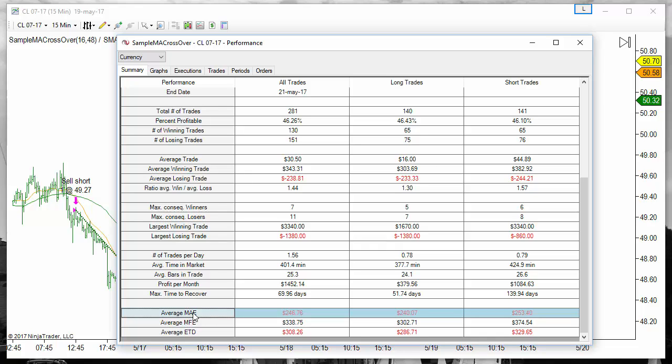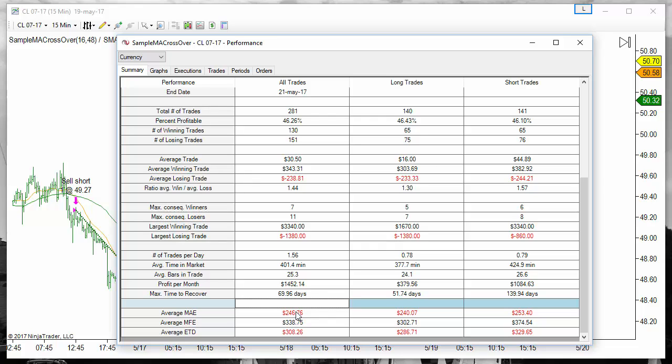The maximum adverse excursion is also very important, even in this example where we are not using target and stop, because on the maximum adverse excursion we can see, for those positive trades, what is the maximum loss on average that the trade may reach, even so finishing on the target, on the positive side.